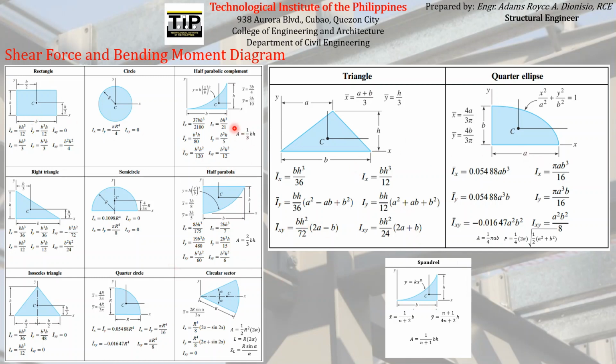So if we know how to find the particular formula for the area of this particular common shape, we don't have to use integration anymore. We can just memorize the formulas on how to find the area. For example, the area of a circle, or the area of a rectangle, a triangle, or a spandrel.